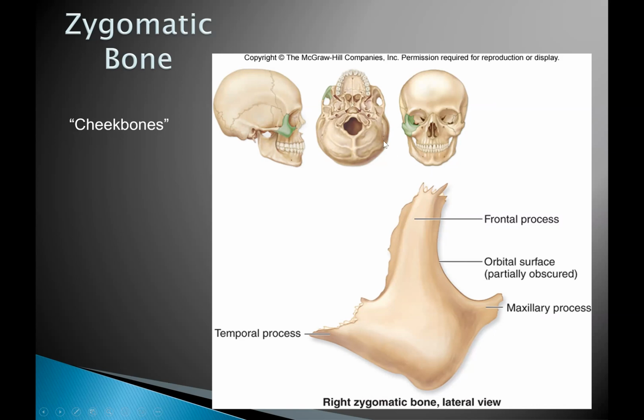And your cheekbones, you know, a lot of boxers, or if you've ever been punched in the face, the first thing you probably crack is this bridge, the zygomatic arch. That's the first thing you'll probably crack if you get punched in the cheekbones, right there. So a lot of boxers, they get hit in the face, and they'll crack the zygomatic arch.